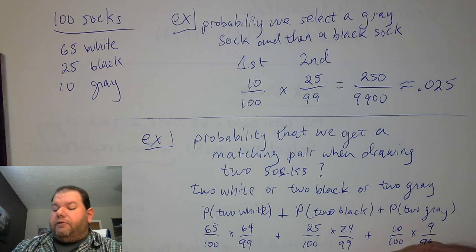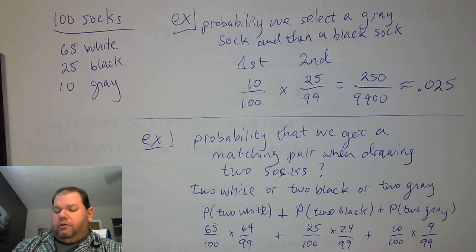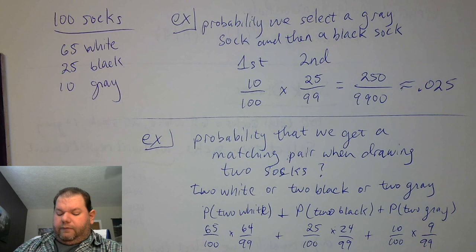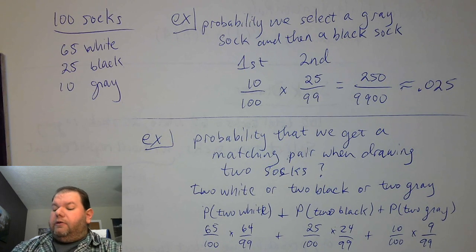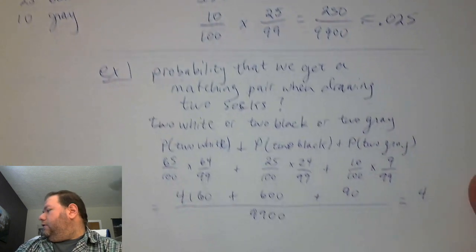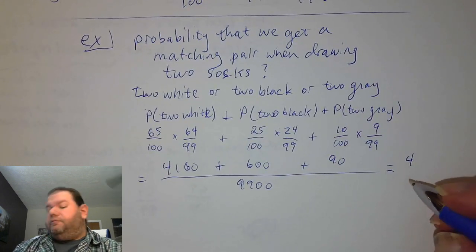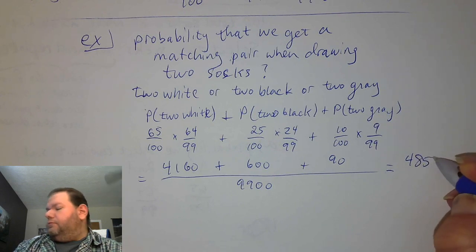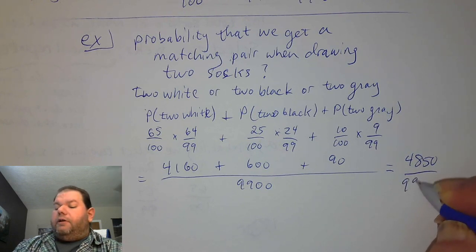That's 600 in that one. So 4160 plus 600 plus 90. So we get 4850 out of 9900.